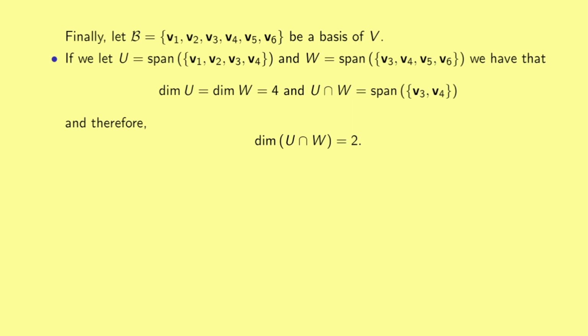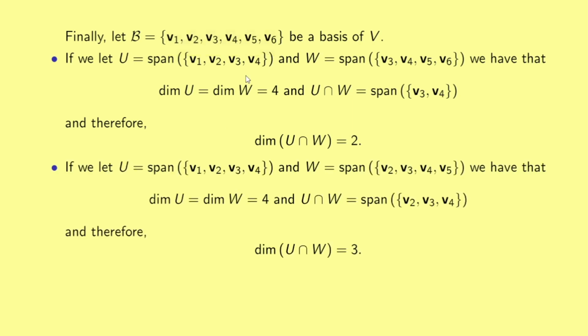It's easy to see that the dimension of U equals the dimension of W equals 4, because since B is a basis, all these vectors are linearly independent, and so the span is also linearly independent. Again, U intersection W, we can easily see that it is the span of these two vectors, V3 and V4.